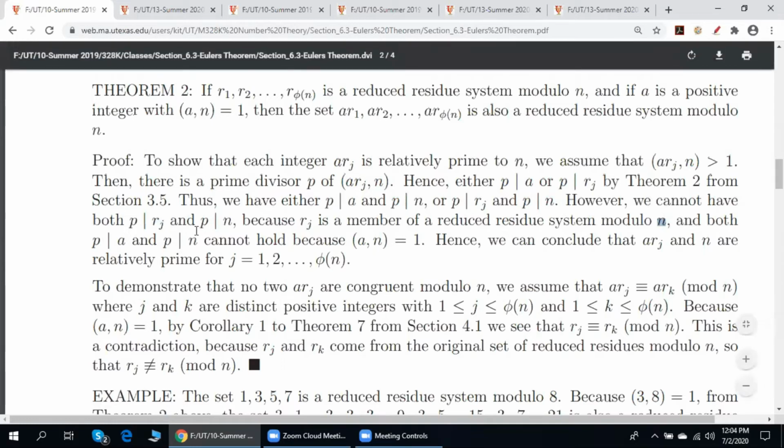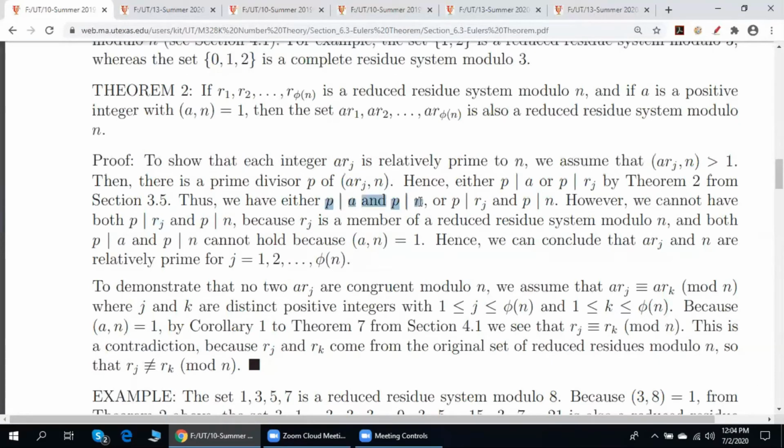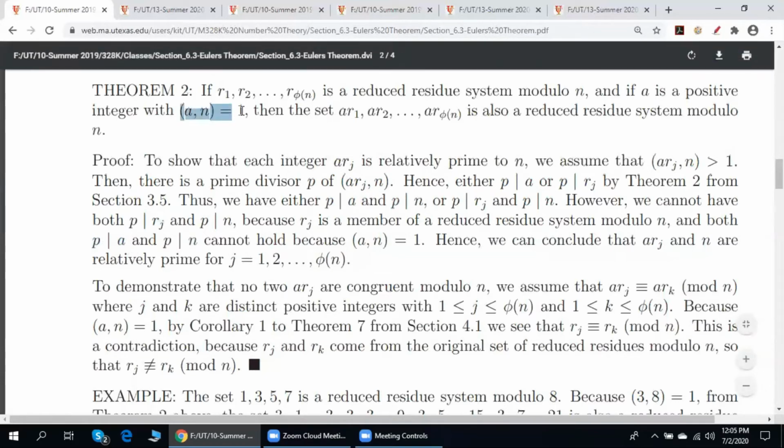So p cannot divide both n and rj. Now note that this is also impossible. p cannot divide a and n simultaneously because, according to what is written here, a and n are relatively prime.